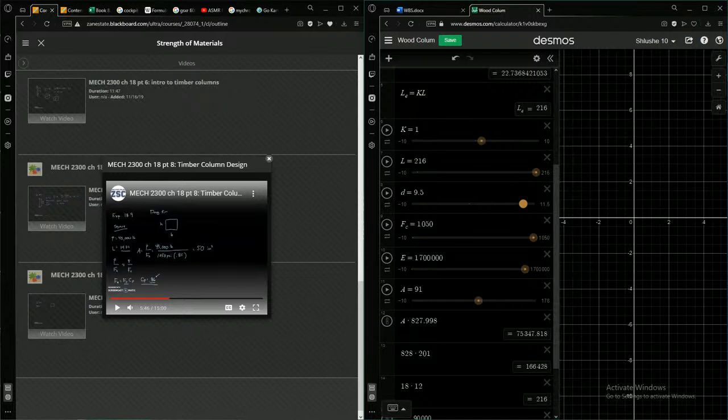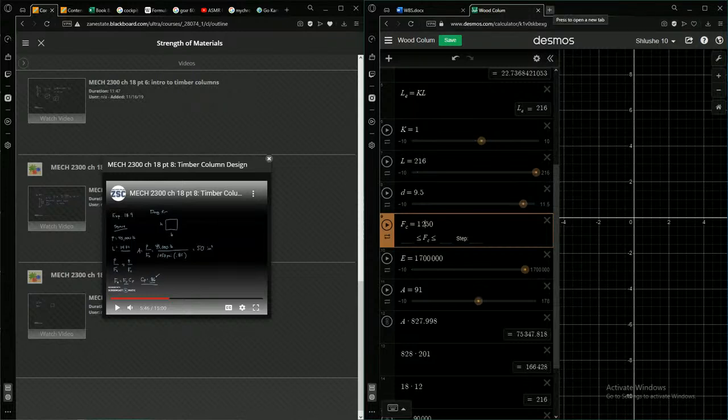Hem fir is the one that's 1.4. But the F sub C has gotten bigger. It's going to be 1250 and 1700. So we got another 200 compressive strength. F sub C is how much pressure the wood can take before failing in compression.